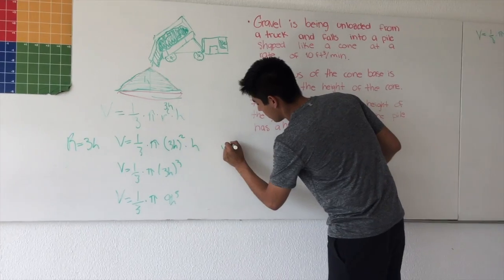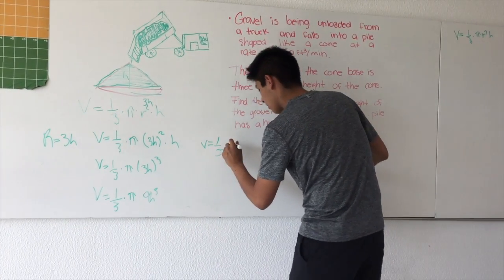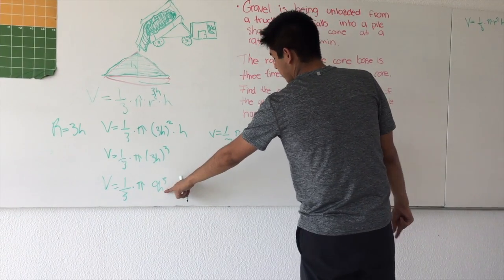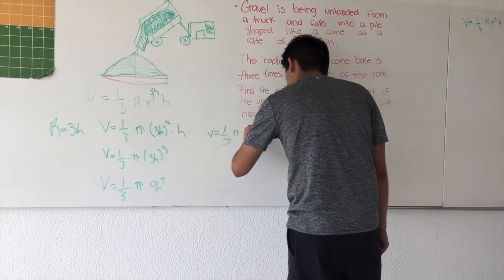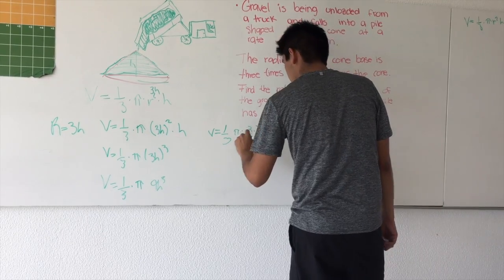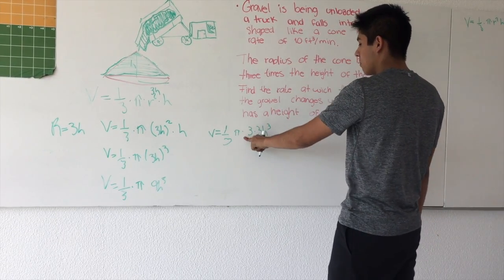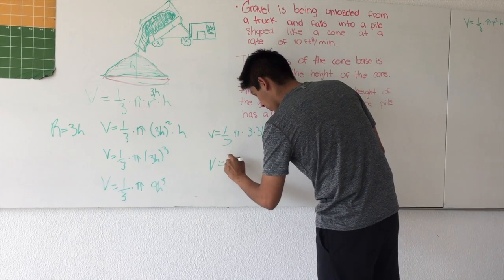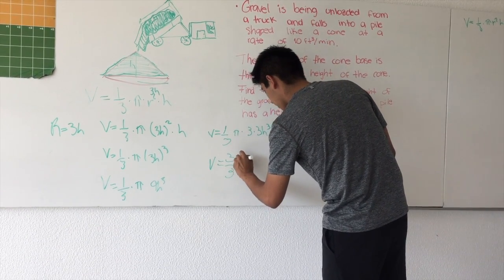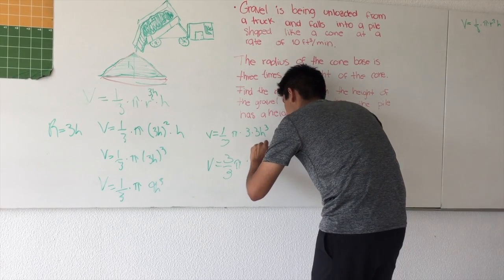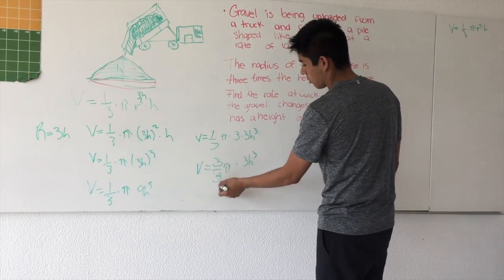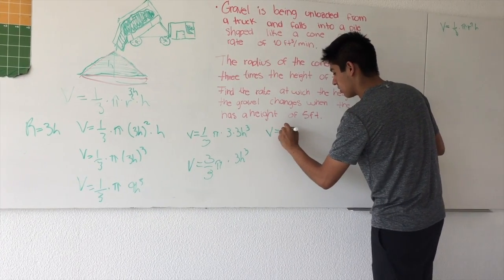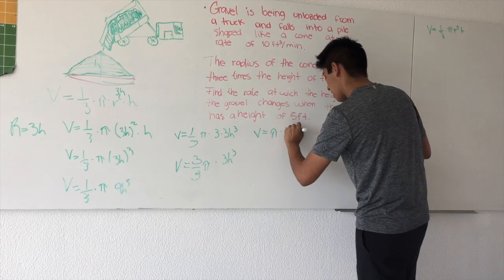We have volume equal 1/3 pi times, we can make this 9h cubed into a 3 times 3h cubed. So we can simplify this 1/3, multiplying this by this 3. So now we have volume is equal 3/3 of pi times 3h cubed. This is equal to 1, so now we have just pi times 3h cubed.